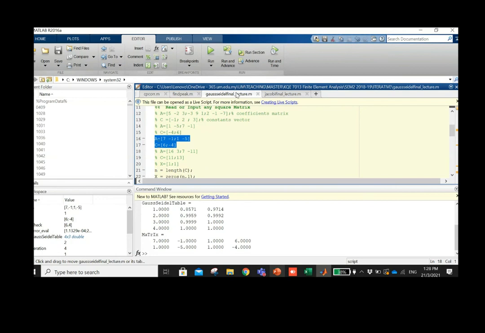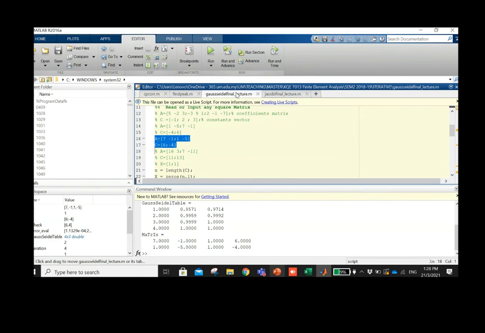So that basically wraps up everything. If you still remember, we have direct methods and also iterative methods. For iterative methods you can use Jacobi or Gauss-Seidel, but you have to make sure your A matrix is strictly diagonally dominant.